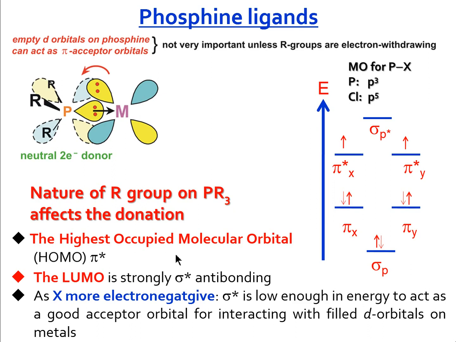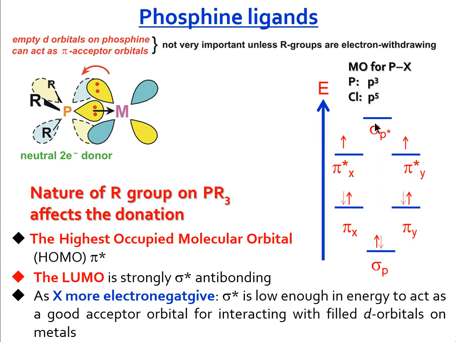The highest occupied molecular orbital in PX is pi star, and the lowest unoccupied molecular orbital is sigma star. So PX can receive electrons in sigma star P.